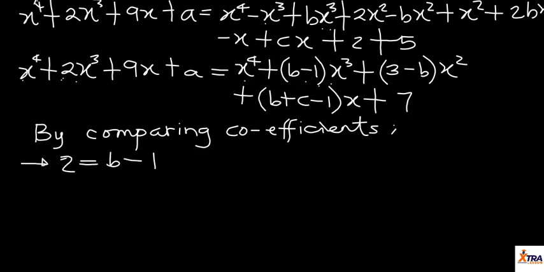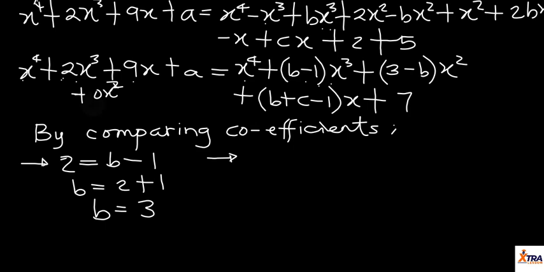If 2 is equal to b minus 1, then b equals 2 plus 1, and then my b is 3. I can also take out another one. I don't even have x squared, so I can just put it as 0x squared. So I'll just say 0 equals 3 minus b, which also shows me that b is equal to 3, which I've also gotten here before.